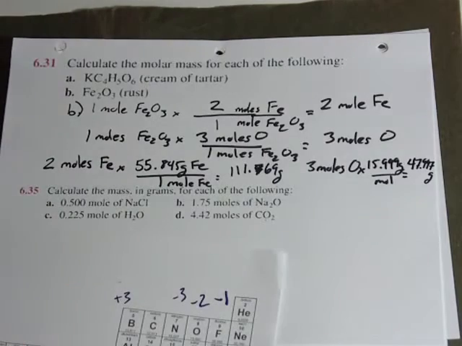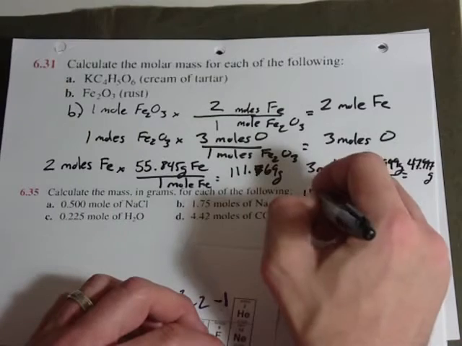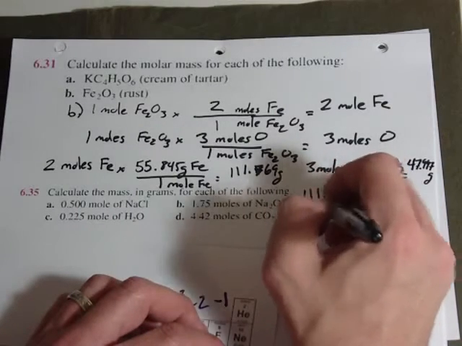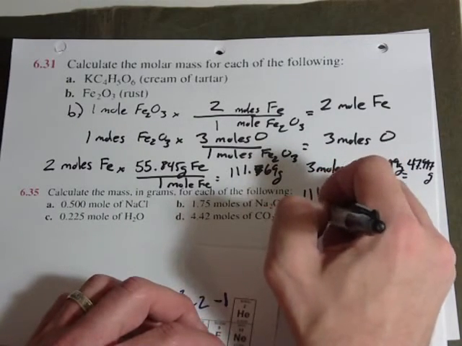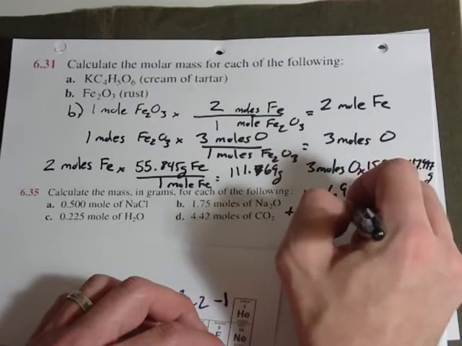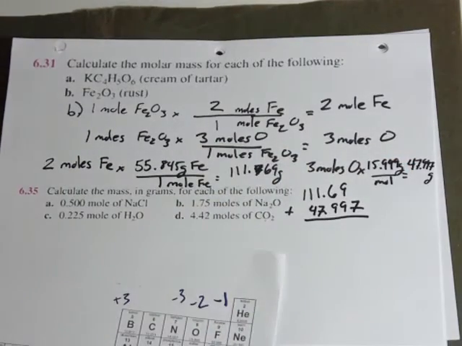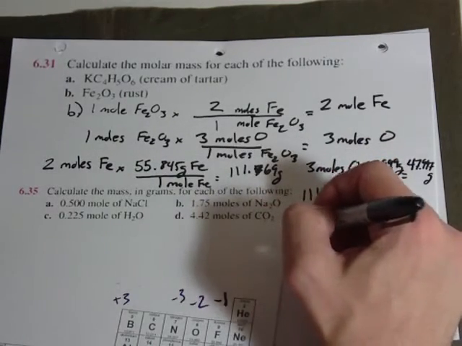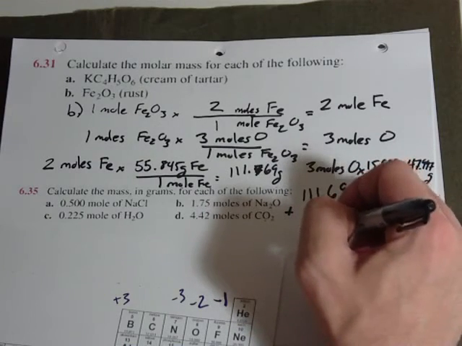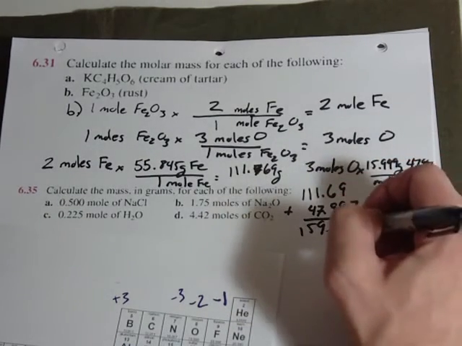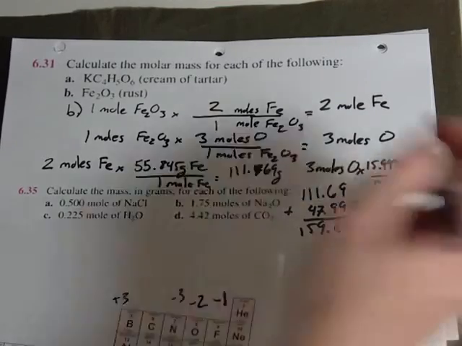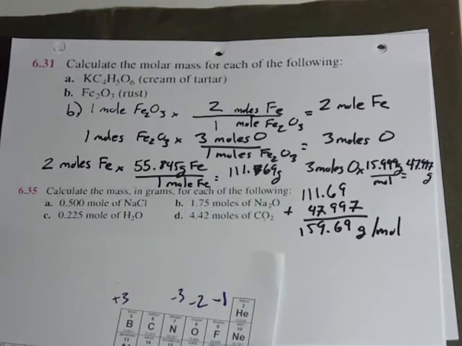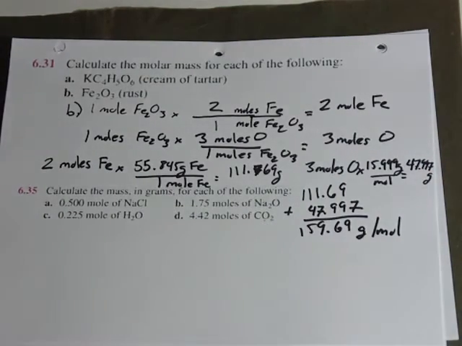And so now we just have to add them together to get Fe2O3. So we're going to add 111.69 plus 47.997, and we get 159.69 grams per mole. And that is the molar mass of Fe2O3.